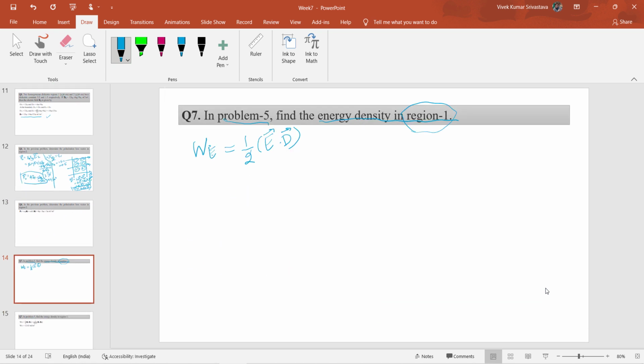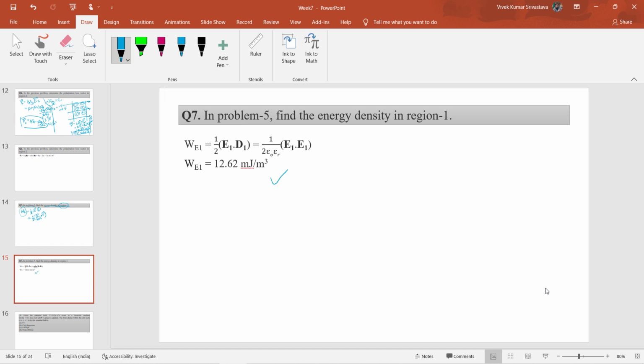We can put the value as 1 by 2, D will be D by epsilon naught into 3.5 into D. Sorry, this will be a dot product. That's how you can calculate the energy density inside region 1.